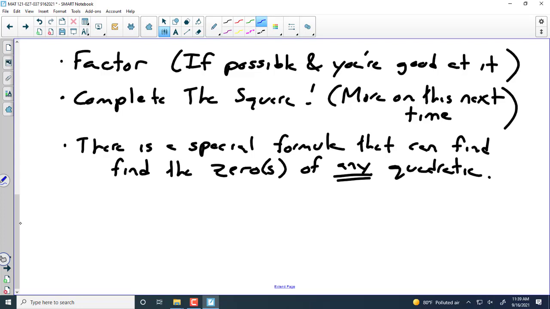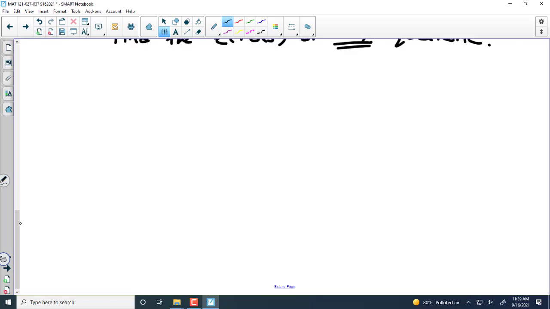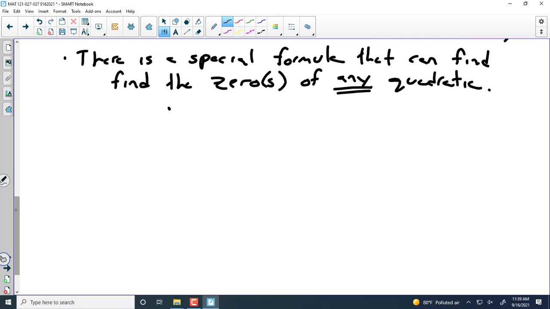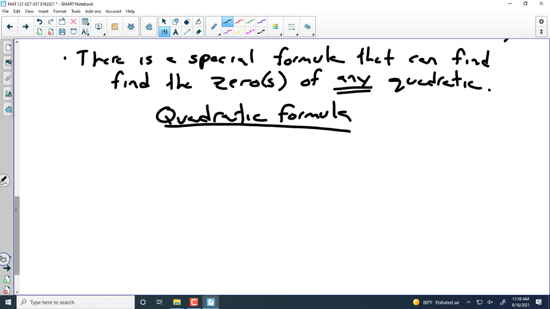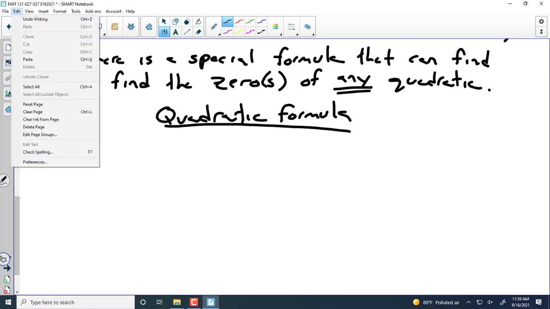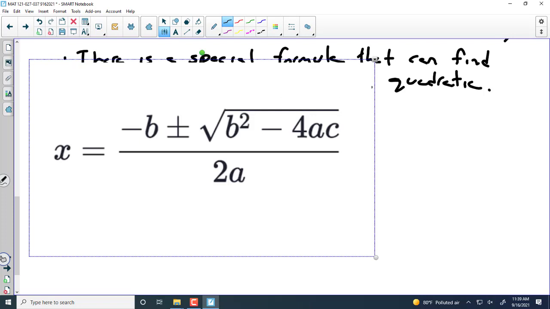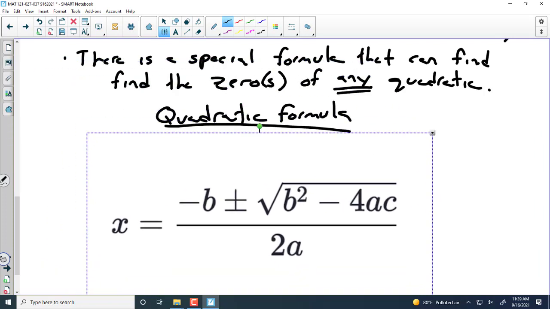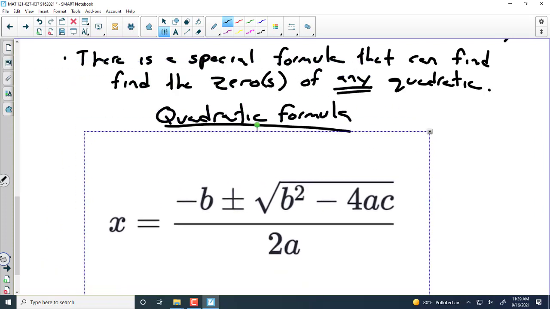I wonder what that formula is that you use to find the zeros of any quadratic. Anyone know? It's called the quadratic formula. You've seen this sucker before?